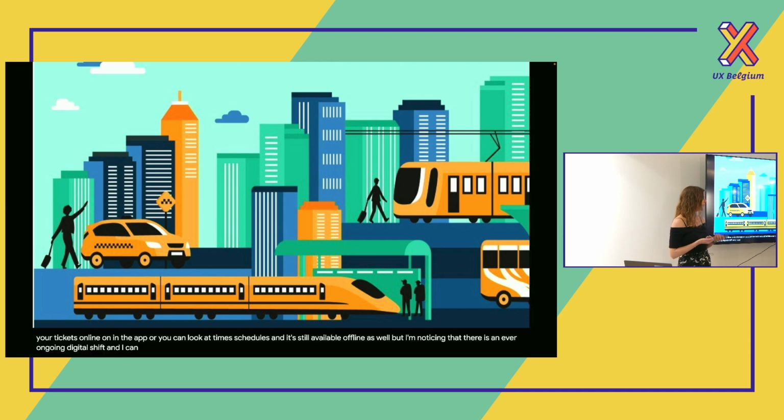I can imagine that in the end the paper tickets will disappear just like concert tickets, and you will have to rely on the app to buy your tickets. So if we exclude people who cannot use an app, if we don't take into account accessibility, then you're also excluding them from public transport.